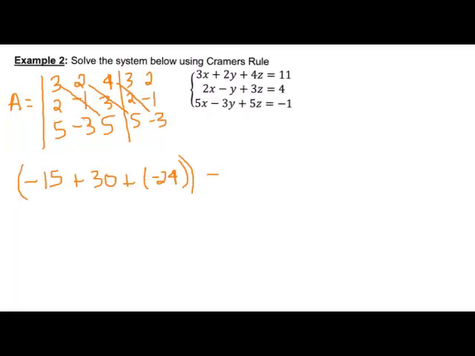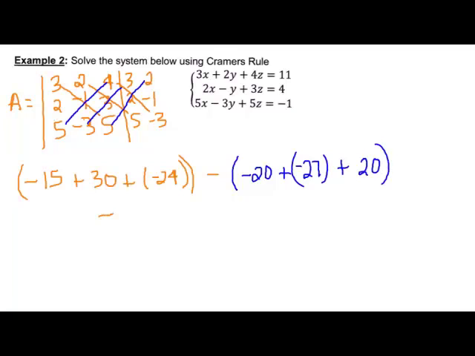We're subtracting from that. 4 times 5 is 20, times negative 1 is negative 20. Plus 3 times 3 is 9, times negative 3 is negative 27. Plus 2 times 2 is 4, times 5 is 20. If we add all these up, we get negative 9 minus 27, which equals a positive 18. So the determinant of A is 18.